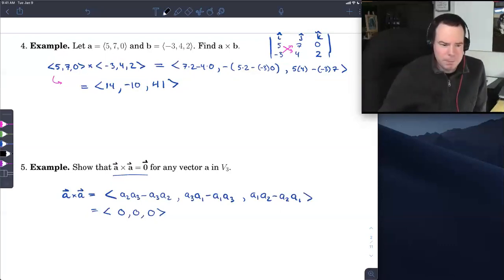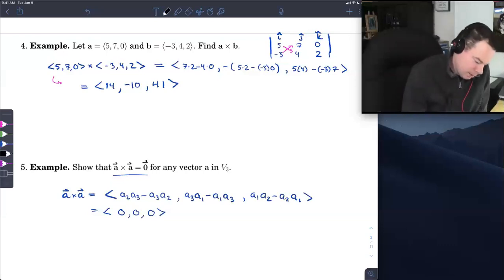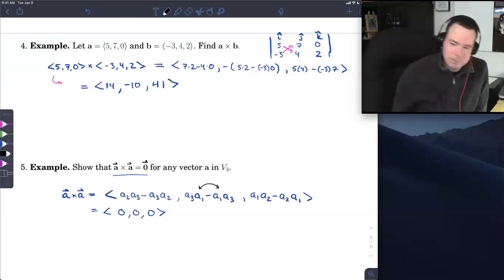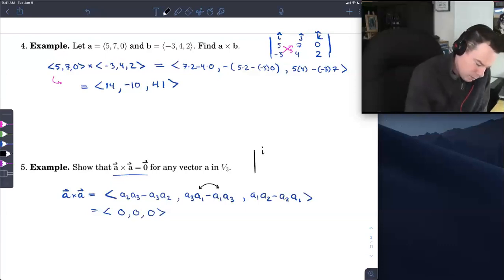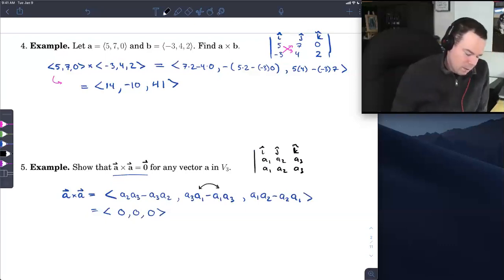The question was, shouldn't the middle term be multiplied by -1? It actually is, because if you look at the way I did the order here, I'll do this again. A1, A2, A3, A1, A2, A3.